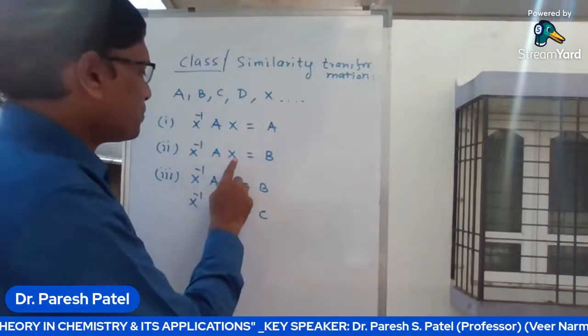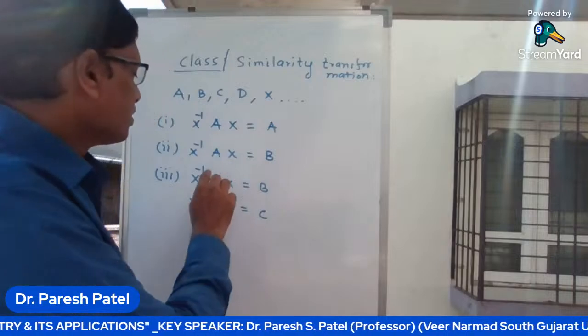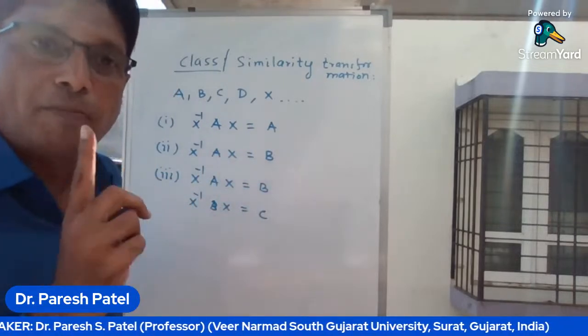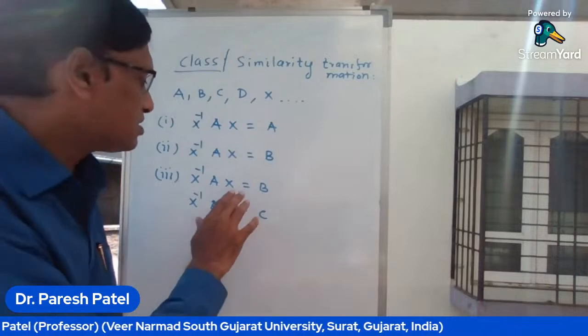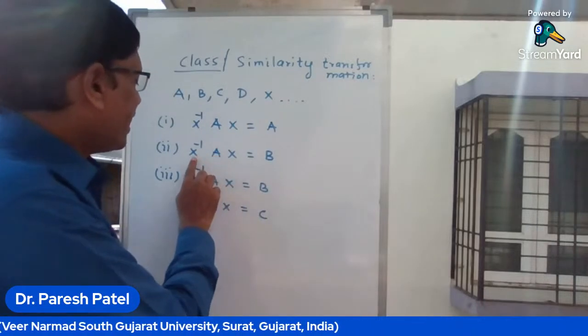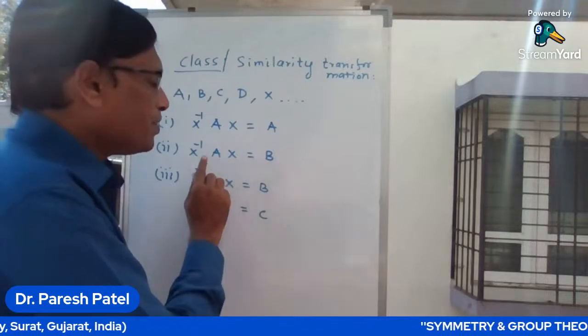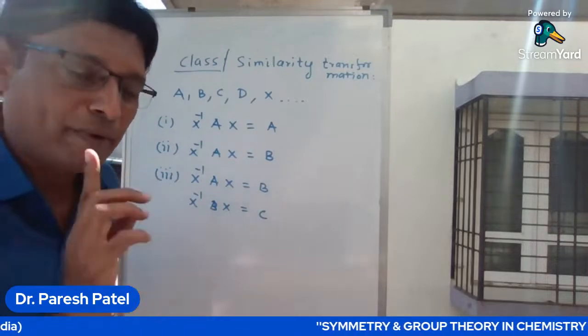X inverse A X is equal to B. It means A and B are conjugate to each other to form a combined class. So dear students, remember that if X inverse A X is equal to B, it means A and B are conjugate to each other to form a combined class.